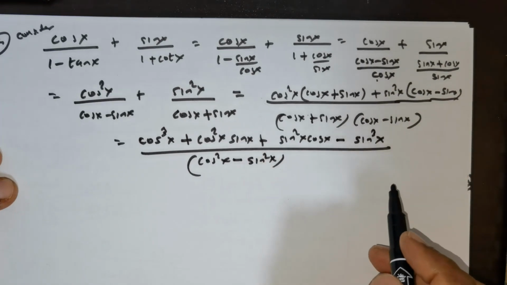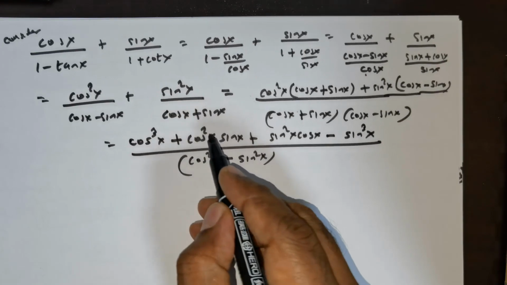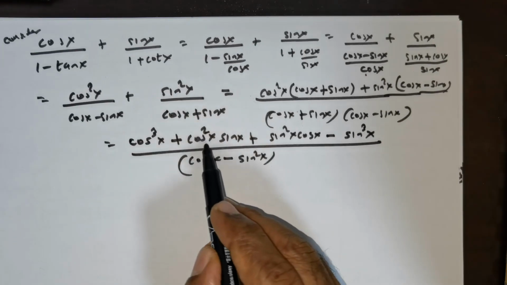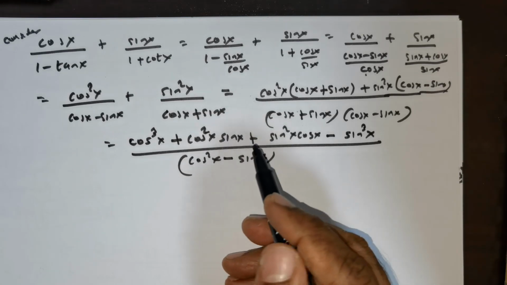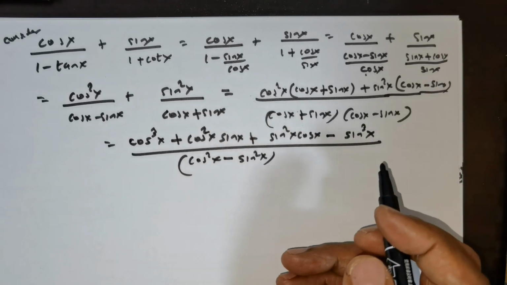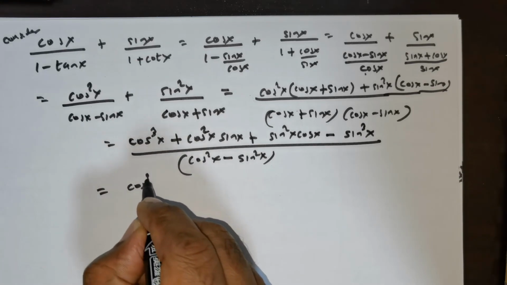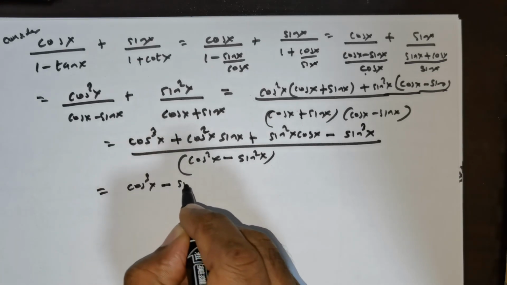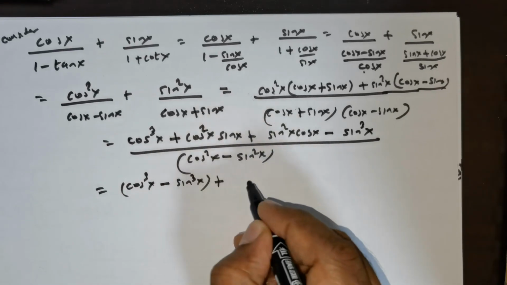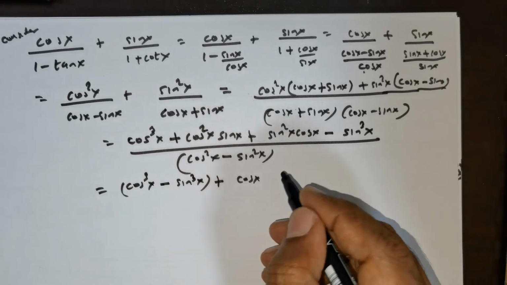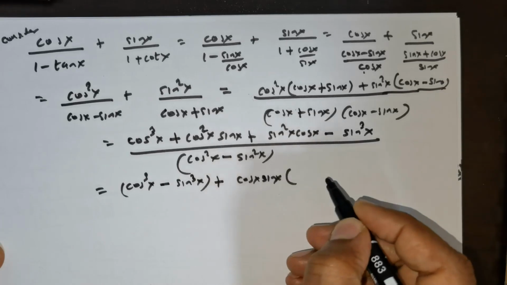Now, is there any simplification possible according to you? If I were to take cos x and sin x, so let me write this down. This is going to be cos cubed x minus sin cubed x. I am going to take cos x out and sin x out.